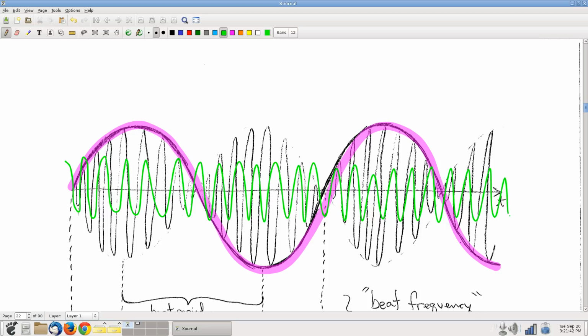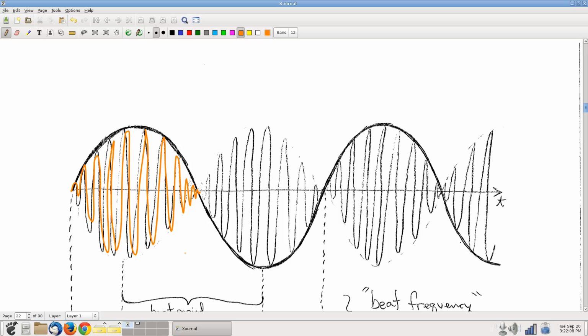And when you multiply these by each other, you get something that looks sort of like this. So it's oscillating along with the green oscillation, but the amplitude, how much does it swing, is controlled by the purple slowly changing amplitude. Okay. And so you get this picture.